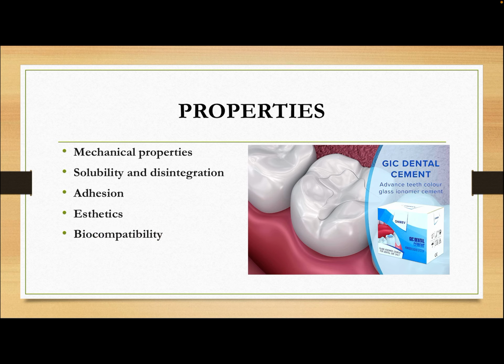It is considered relatively biocompatible, and the pulpal response is considered to be mild. GIC has some anticariogenic properties because it releases fluoride initially in amounts comparable to that of silicate cements and continues to do so over an extended period of time.